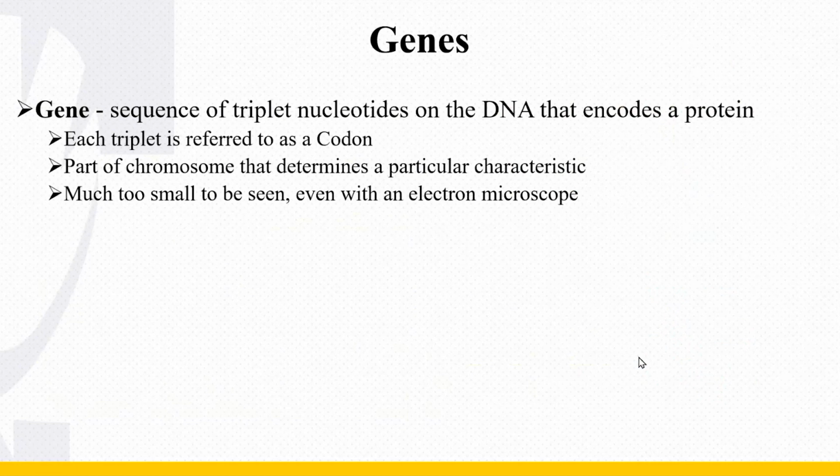So the gene is going to be that nucleotide sequence that encodes a protein. And each one of those triplets is called a codon. So again, this isn't really hardcore, down to the electron microscope molecular genetics, but understanding that there is going to be this gene that ultimately produces a trait.